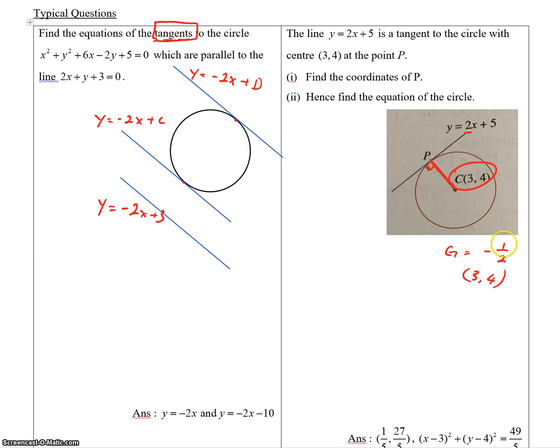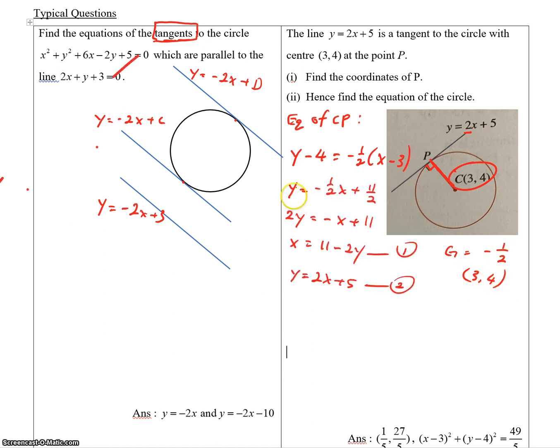So immediately the equation of CP is y minus y1 equals gradient times x minus x1.